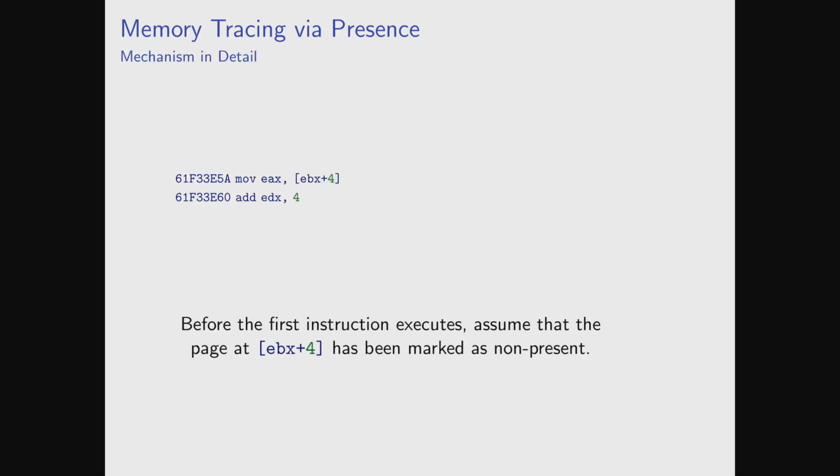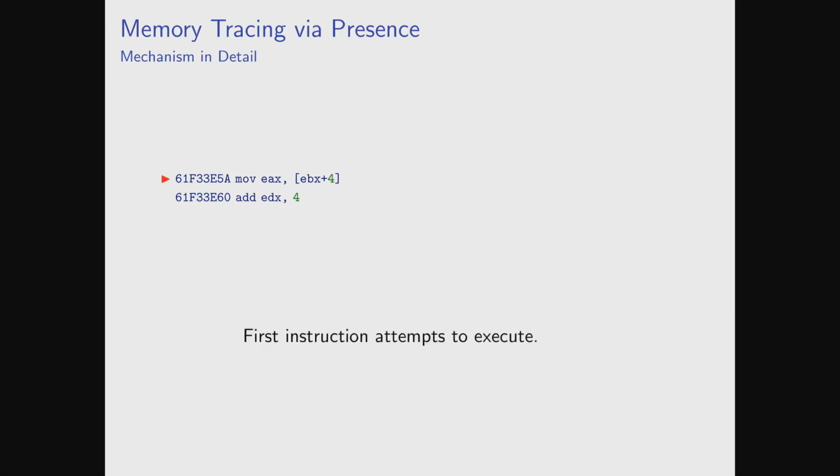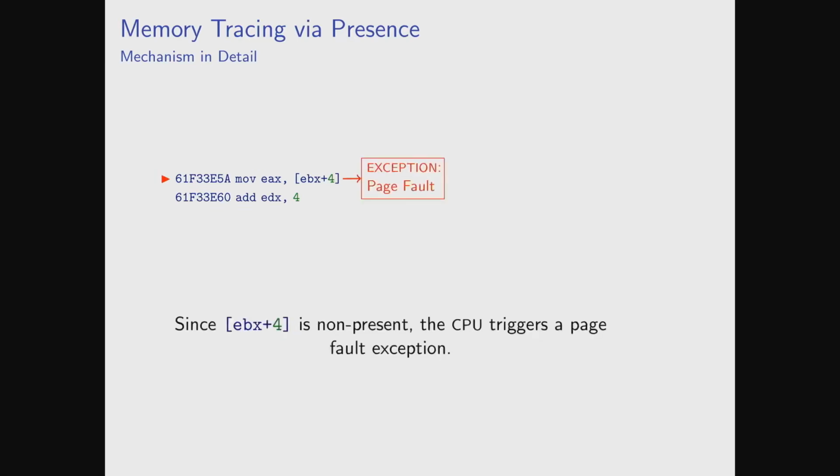So here's an animation of how this process plays out in real time. Let's assume that this first instruction here is going to access memory, and that we have marked this page at EBX+4 as non-present. So when the instruction goes to execute, because the memory is non-present, the processor generates a page fault exception.